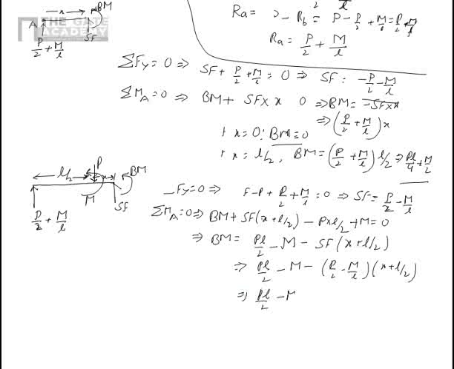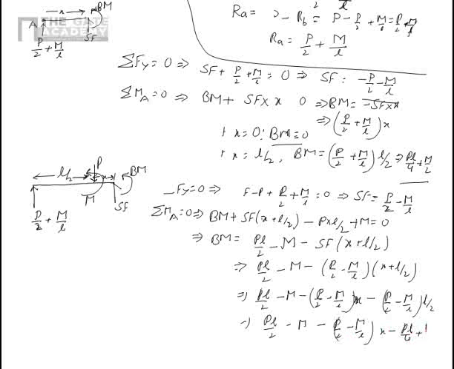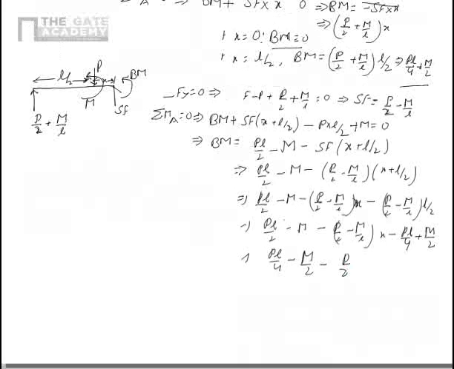I expand the bracket, so that becomes PL by 2 minus M minus P by 2 minus M by L into x minus P by 2 minus M by L into L by 2. That is nothing but PL by 2 minus M minus P by 2 minus M by L into x minus PL by 4 plus M by 2. So that means I can subtract this and this, it becomes PL by 4 minus M plus M by 2 is minus M by 2 minus P by 2 minus M by L into x.